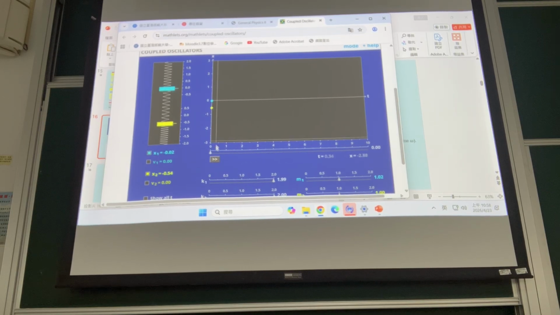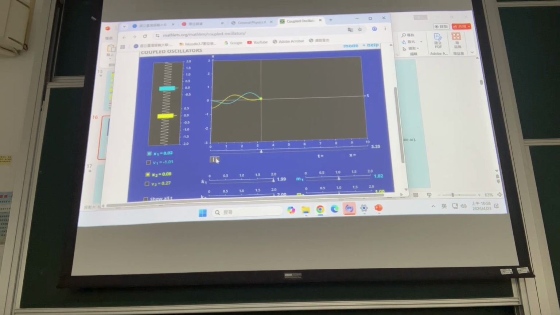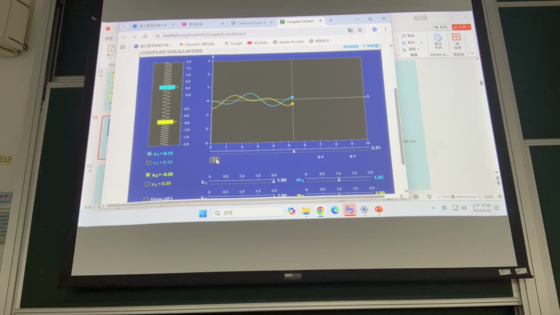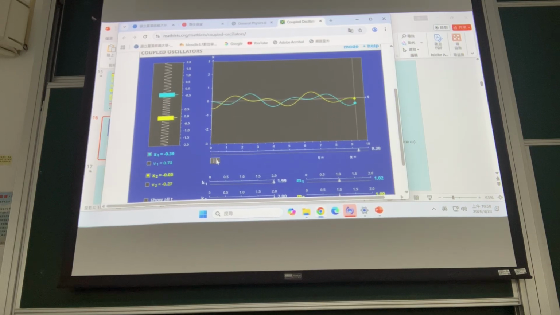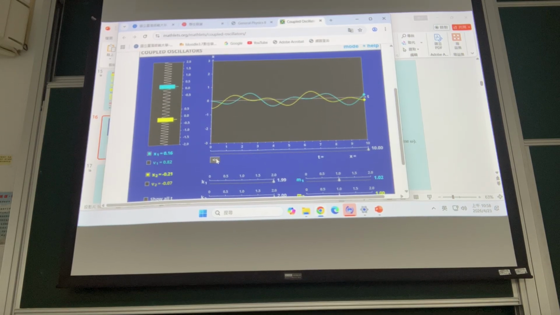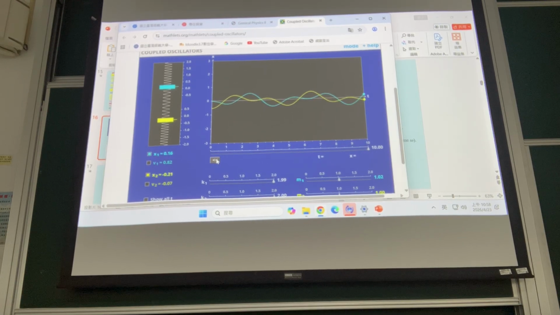So let's see what happens. It's not oscillating. It's a very weird function. It's not an oscillating cosine. But I'm going to tell you, it's the summation of a cosine and a sine. Okay, wait until next week.